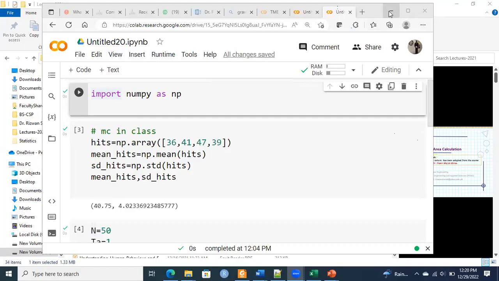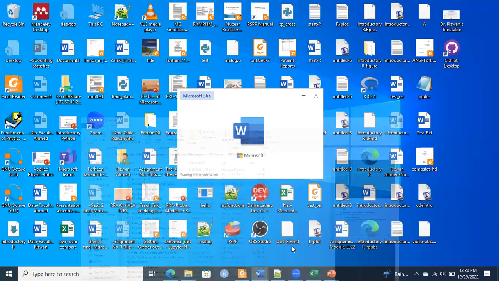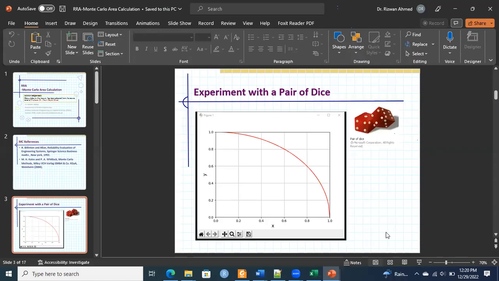So we attempted a Monte Carlo algorithm, and we practically performed the calculations using the dice. We draw the region like this, and there we have the red line, and we throw two dice together, and we said that the 6 is 0, so that we get the points between 0 to 10.